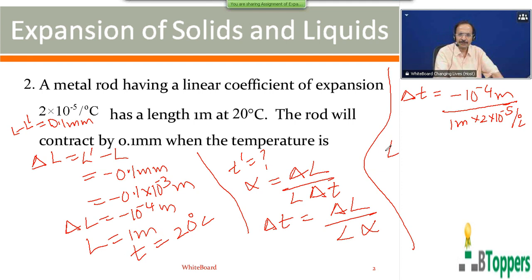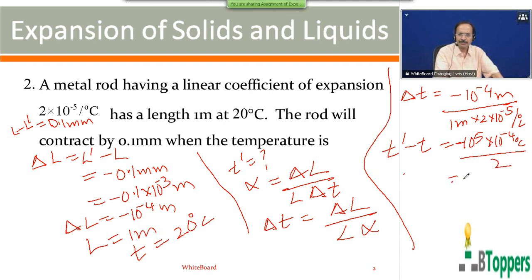So delta T, the change in temperature, you can write T dash minus T. T is the original temperature, T dash is the new temperature. So that will be minus of 10 power 5 into 10 power minus 4 degree centigrade by 2.